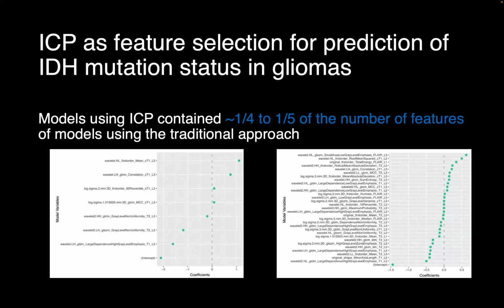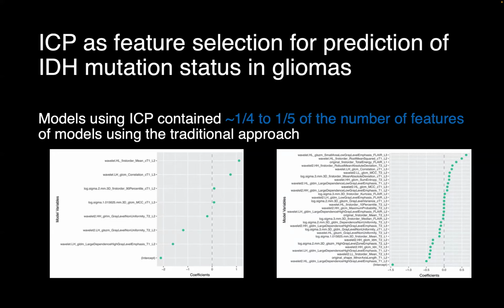But one of the things that we saw is that, using this ICP model, the invariant causal predictors model, as a feature selection, we were able to have models with sort of the same performance in some scenarios, but with approximately 1/4 to 1/5 of the number of features of the model without this feature selection method.